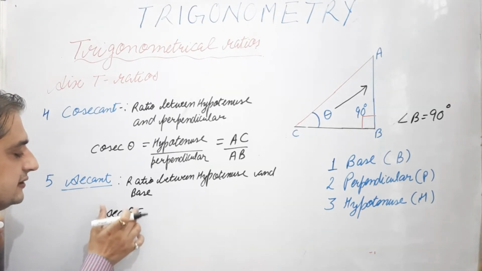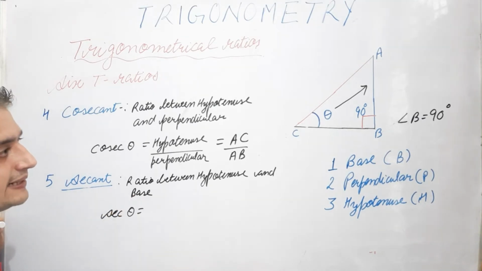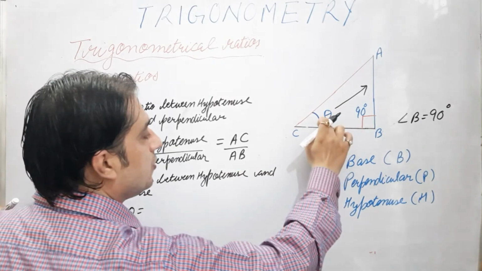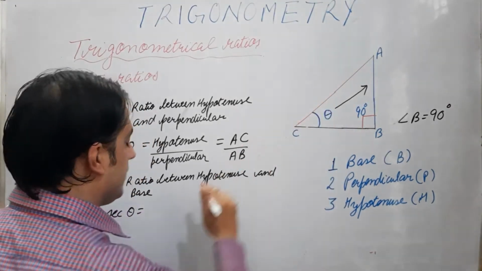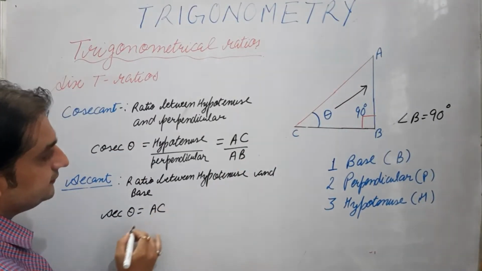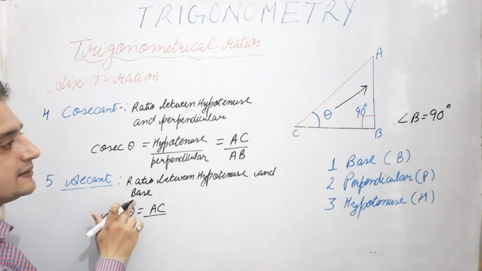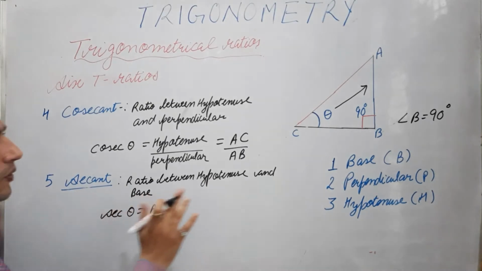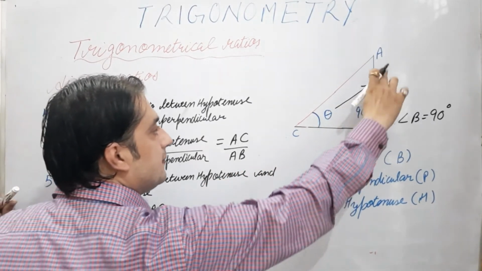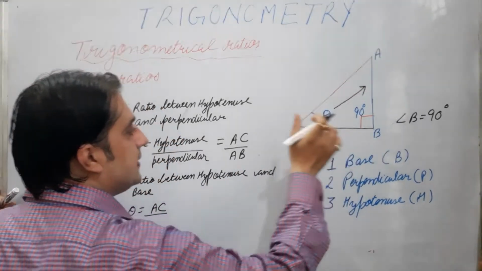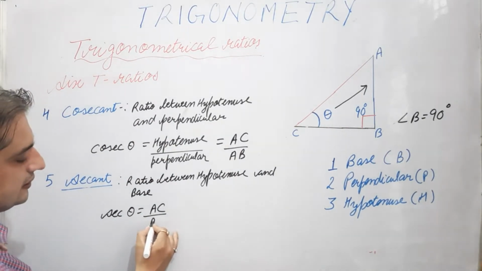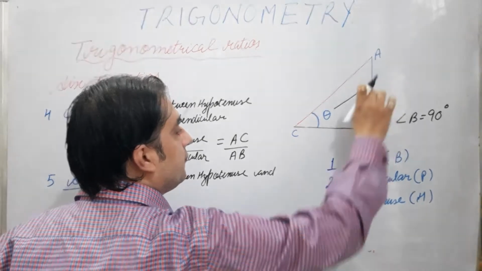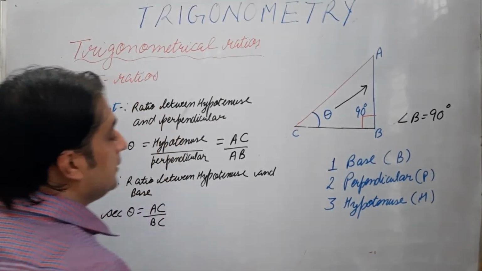So secant theta will become the ratio of the sides: hypotenuse, the longest side, that's AC, upon base. These two things, base and perpendicular, are important. For this theta, the perpendicular is AB and the base is BC. So BC is the base, this is the perpendicular, for this angle theta.